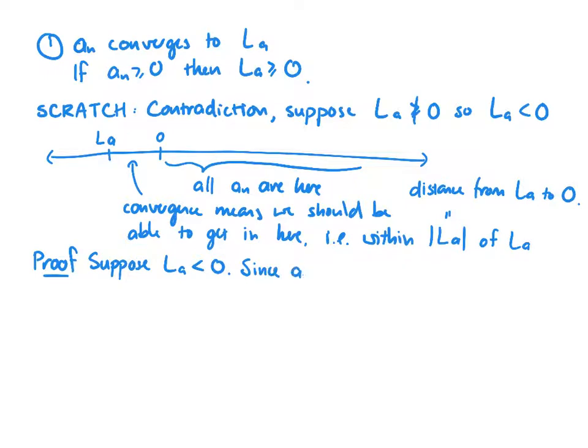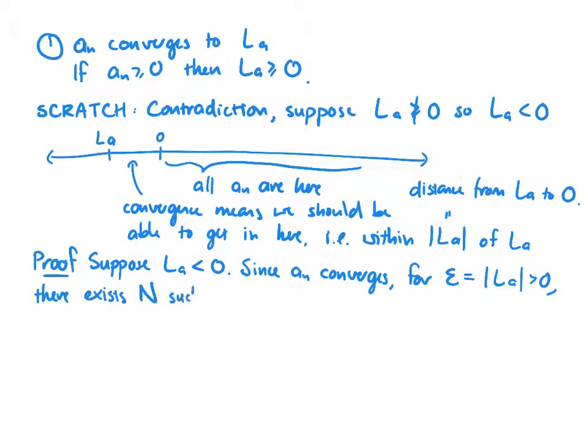Since A sub n converges, for epsilon equal to absolute value of L sub A, which is greater than 0, there exists capital N such that little n greater than capital N implies A sub n minus the limit is less than the absolute value of L sub A.